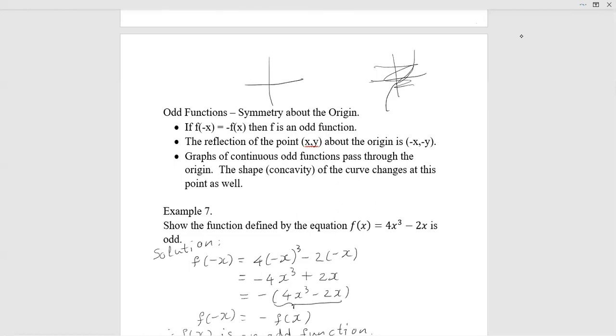It has to go through the origin. So each point on the positive side, x, y, is translated through the origin and you get the corresponding point on the other side.